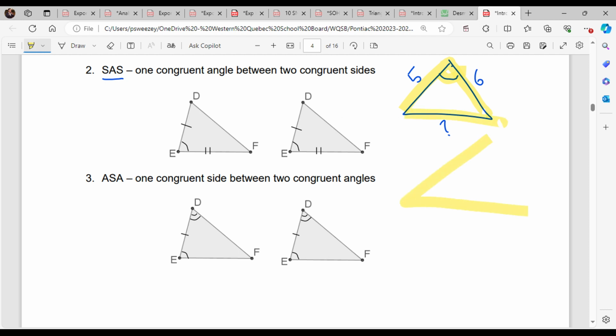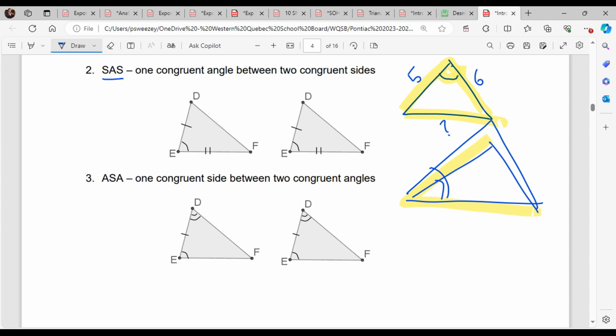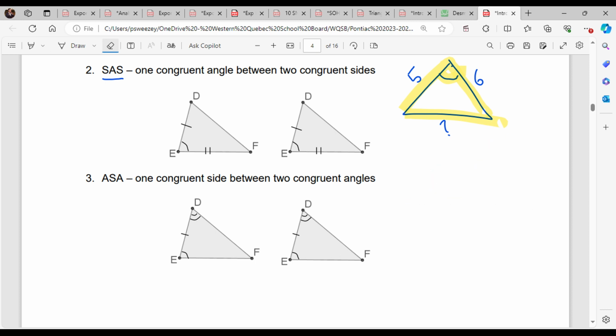I mean, if this angle here got bigger, the side length would get bigger than this one right here. If this angle got smaller, that side length would get smaller. They have a relationship with one another. An angle's opposite side lengths are paired.